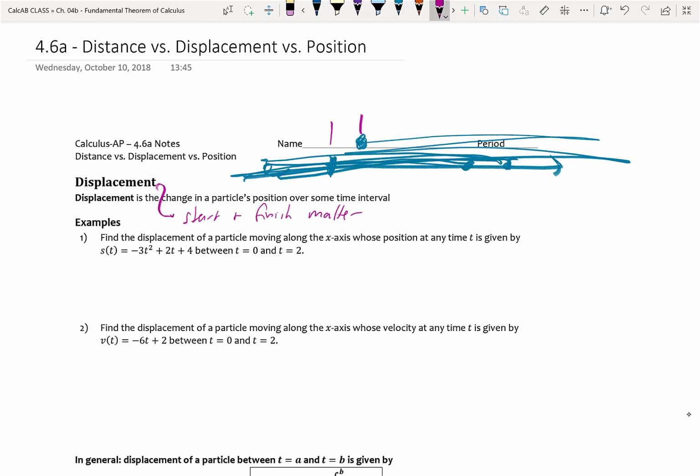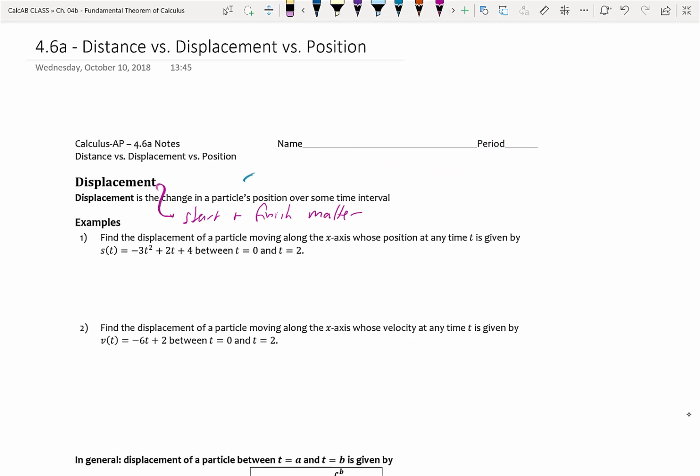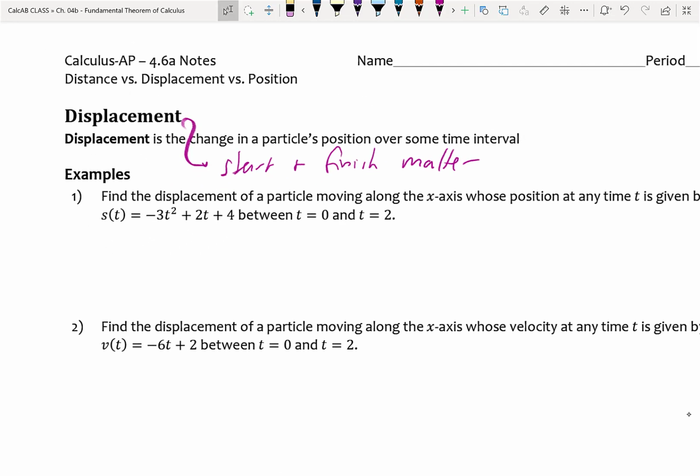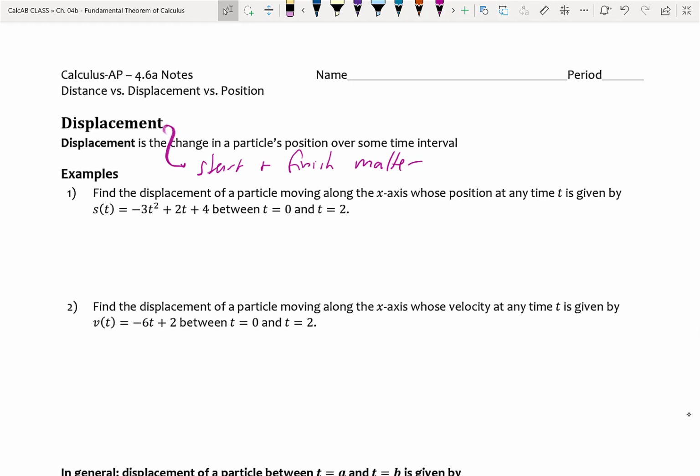So if start and finish matter, then define the displacement of a particle moving along the x-axis between t equals 0 and t equals 2. What am I truly finding here? What do I need to know? Yes, position at each of those different values.